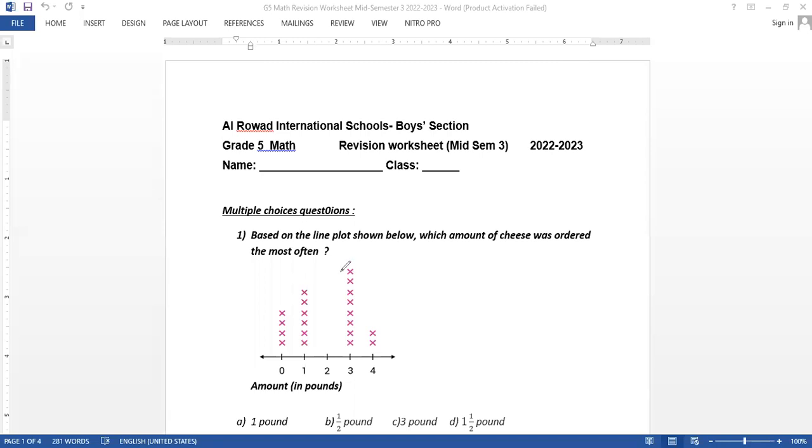It's obvious that 3 pounds was ordered the most often, because 1, 2, 3, 4, 5, 6, 7, 8. So the answer is 3 pounds, which is C, the one that was ordered the most often.